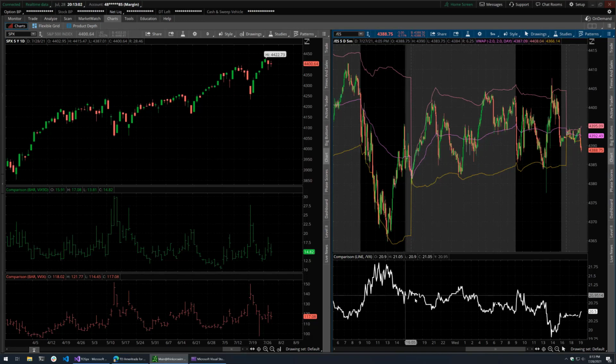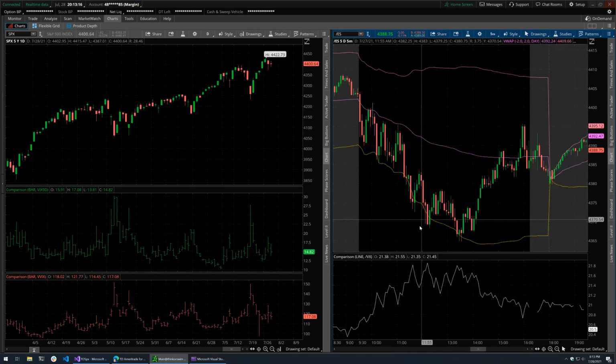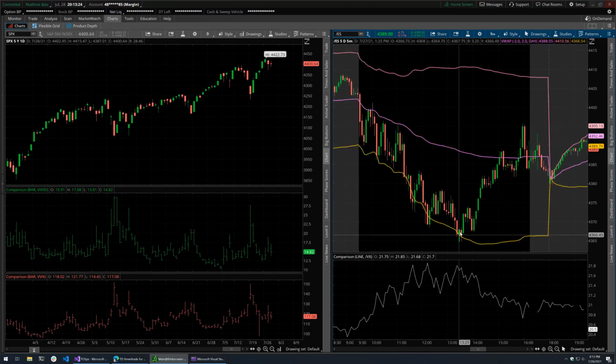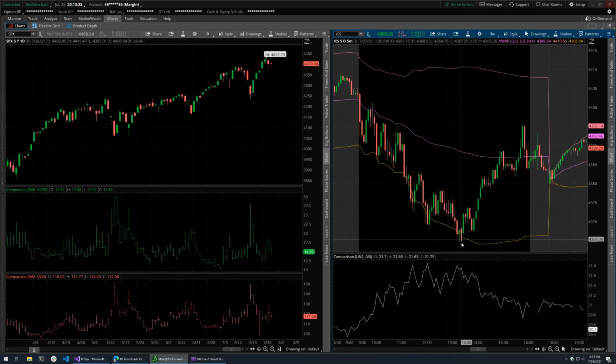And then down below is the VIX futures contract, the /VX. A lot of times you'll see, and this is a good example, the S&P futures contract made a lower low right here, but the VIX futures contract did not, and that can be an indicator that maybe we're putting in a low for the day.